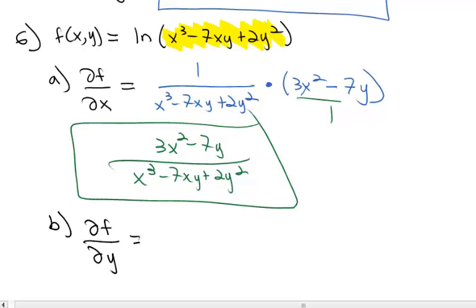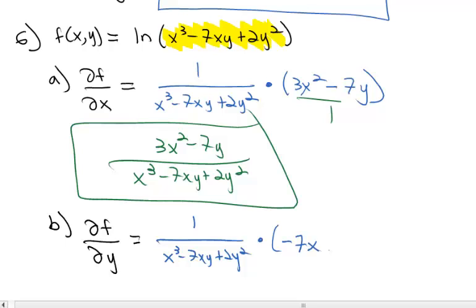Well, again, natural log of the guts is 1 over the guts, x cubed minus 7xy plus 2y squared. We just have to multiply by the derivative of the guts. Well, we're taking the derivative with respect to y. x cubed has no y's in it, so that's a constant. It goes to 0. The derivative of negative 7xy is negative 7x.